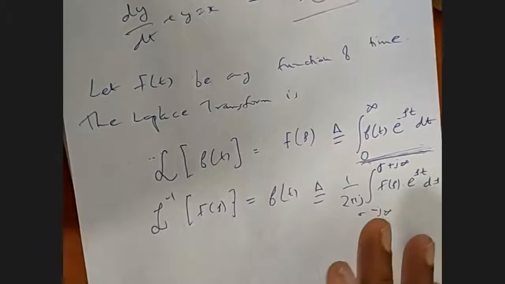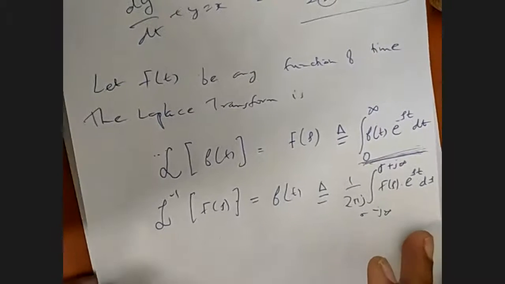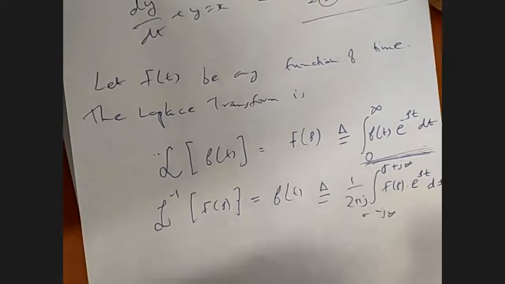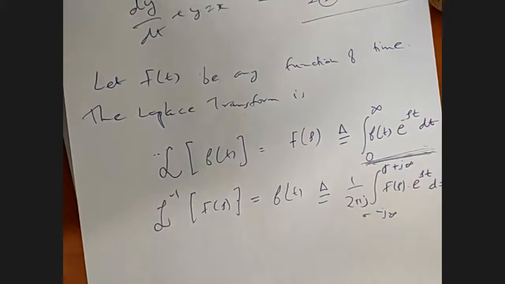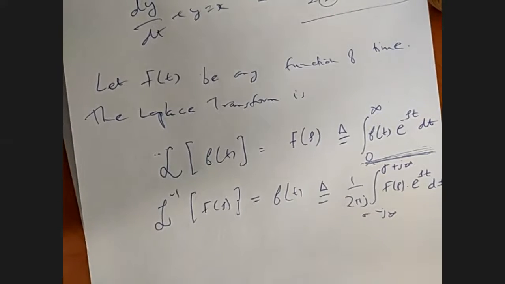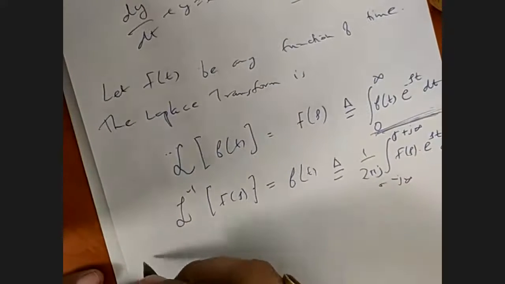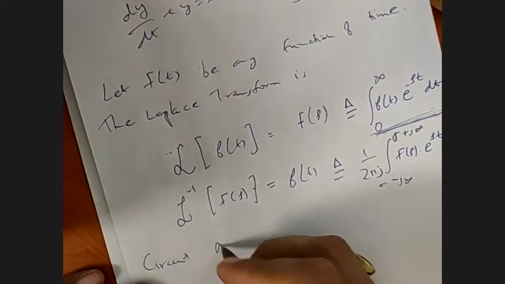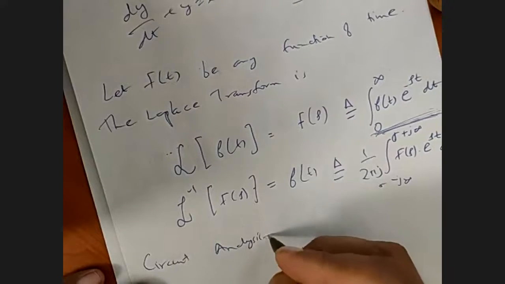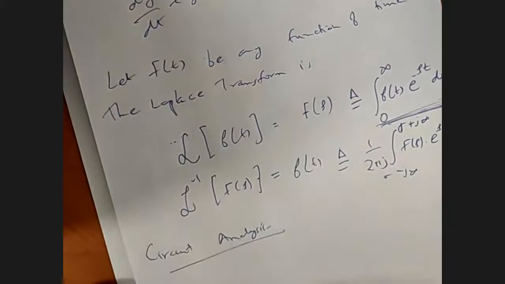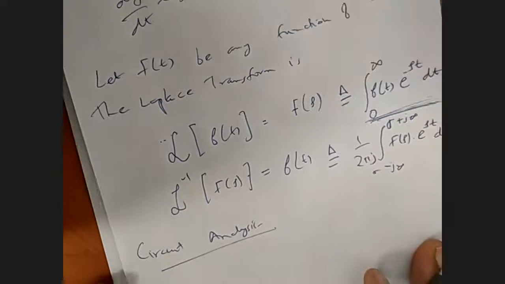Still, so that you remember a little, we will be talking about how to find the Laplace transform of any function. Generally when we are talking about circuit analysis, we have some specific terms which we will be using for Laplace transform.